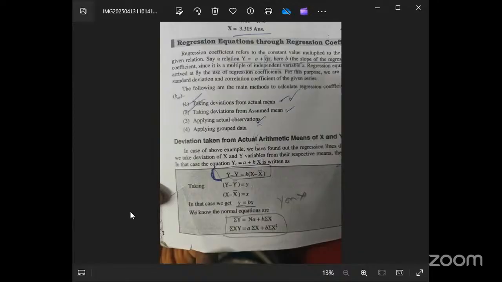One is by taking actual mean, second is by assumed mean, third is by applying actual observations, and the last one is grouped data.